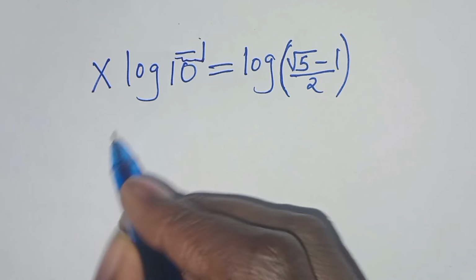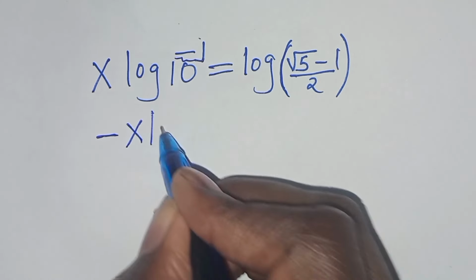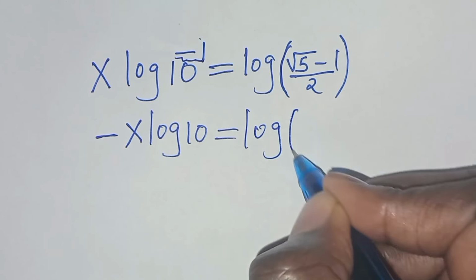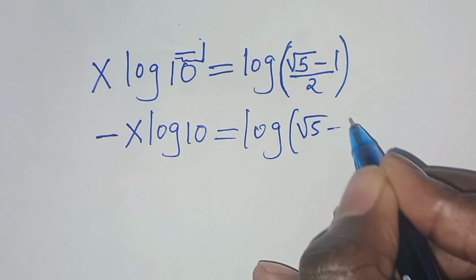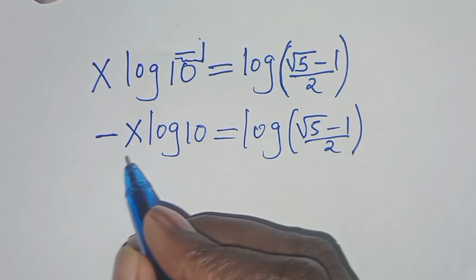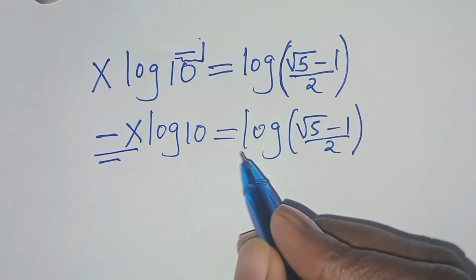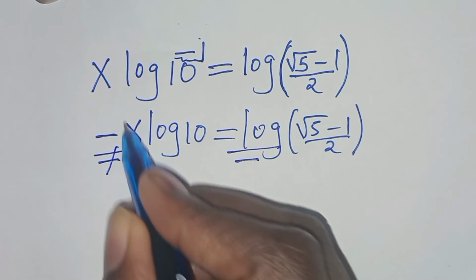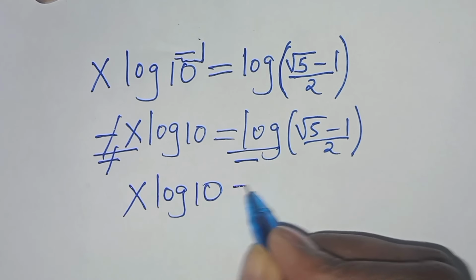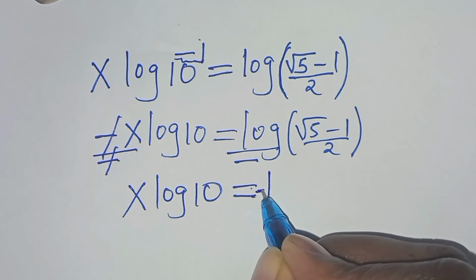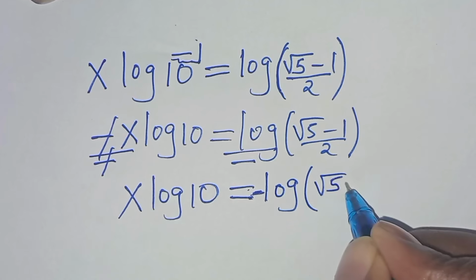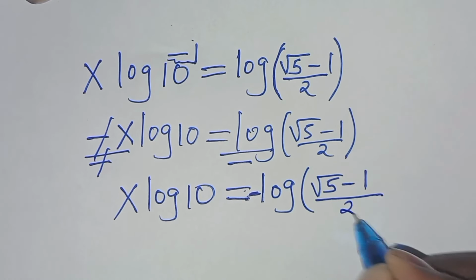We can express this as minus x log 10, equal to log of square root of 5 minus 1 over 2. From here, we can divide both sides by negative, so that now this is x log 10, equal to negative log of square root of 5 minus 1 over 2.